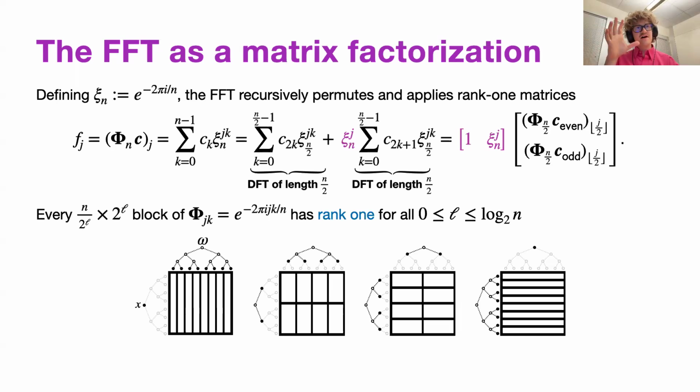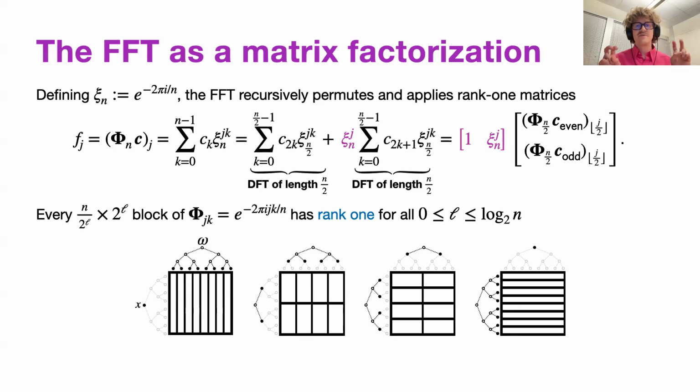Under a suitable permutation, this is true, and this is a non-obvious fact. It shows that all matrices of size n by 1 are trivially rank 1, but also the n over 2 by 2 matrices are all rank 1, and the n over 4 by 4 matrices are all rank 1, etc. Right? These are the blocks that we're showing in this diagram at the bottom.